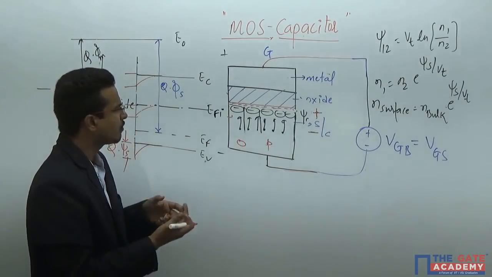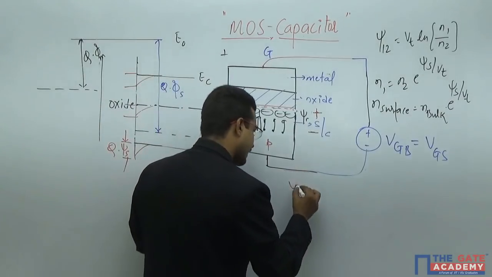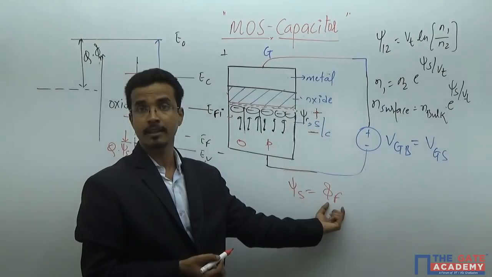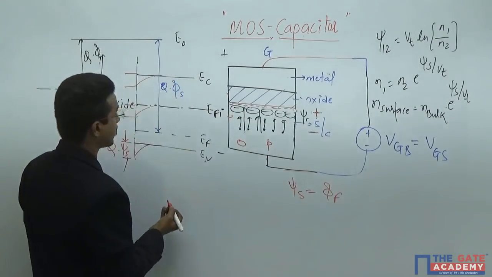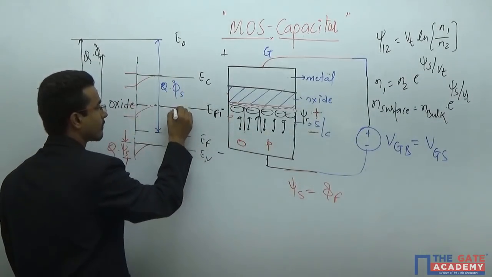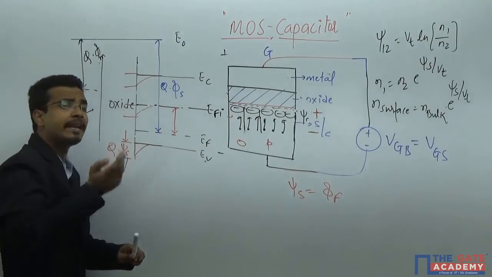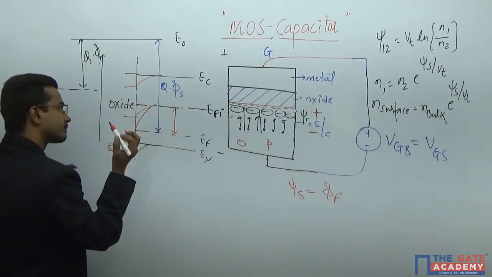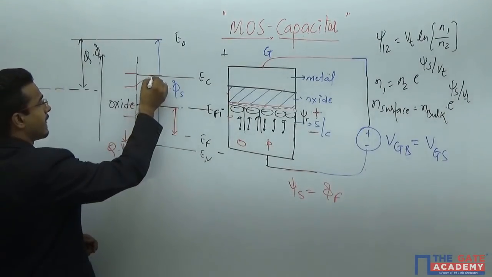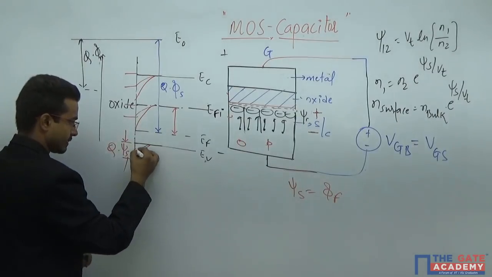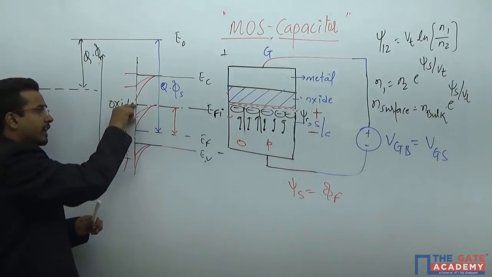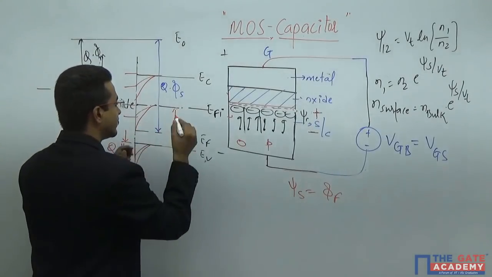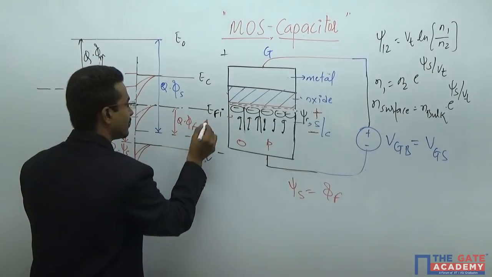What will happen if psi S is equal to phi F, where phi F is nothing but the Fermi potential, the difference between EF and EFI? If you keep on increasing the bending, it will come up to here, and you know this value is Q into phi F, the Fermi potential.